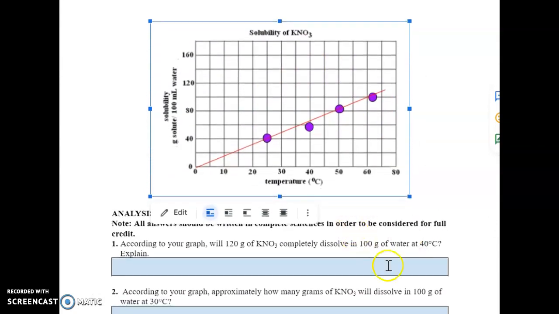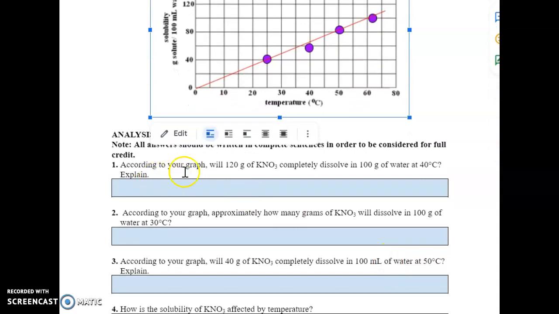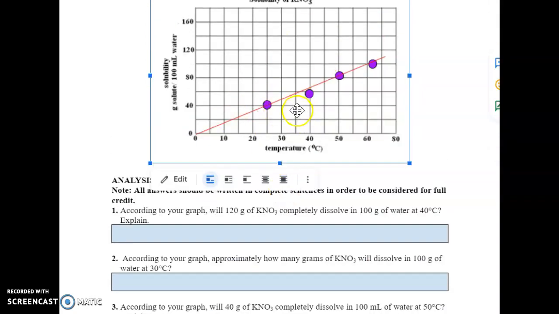The questions that'll be asked after: according to your graph, so you're going to interpret this graph, will 120 grams of potassium nitrate dissolve at 40 degrees Celsius? So you look, okay, 100 grams is fully dissolved at 61. So if we continue this same path at 40 degrees, we will not be able to fully dissolve.